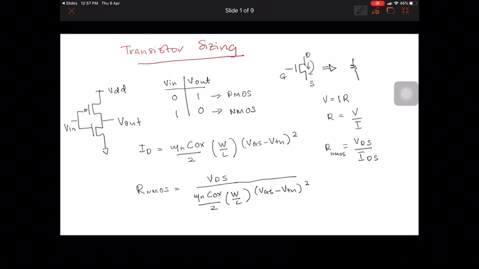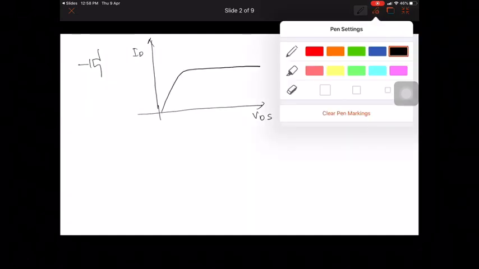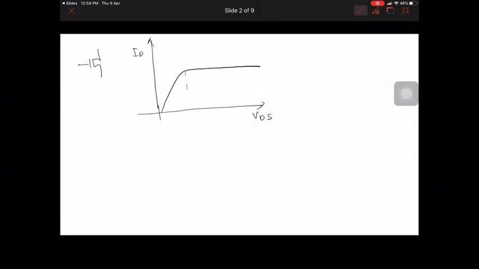Okay, so what is the condition at saturation? Let's look here. For the NMOS, if you have the plot of ID versus VDS, the current goes like this. This region is known as the linear region, and this region is known as the saturation region.